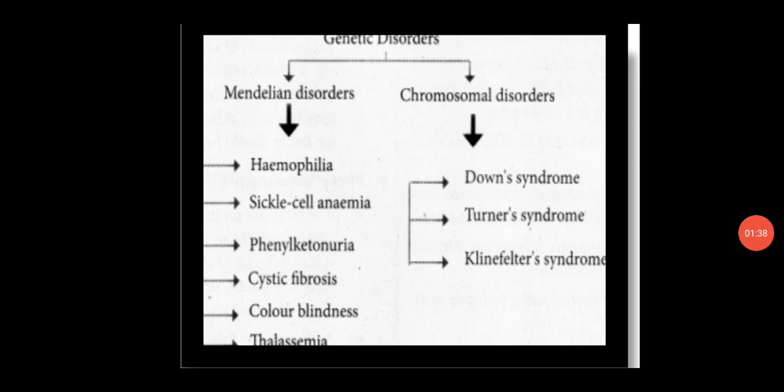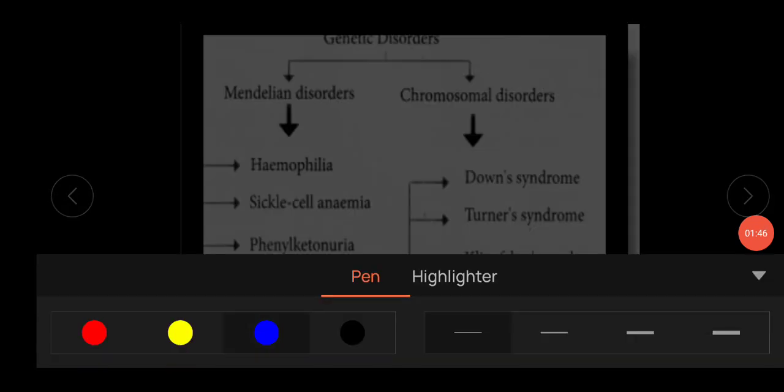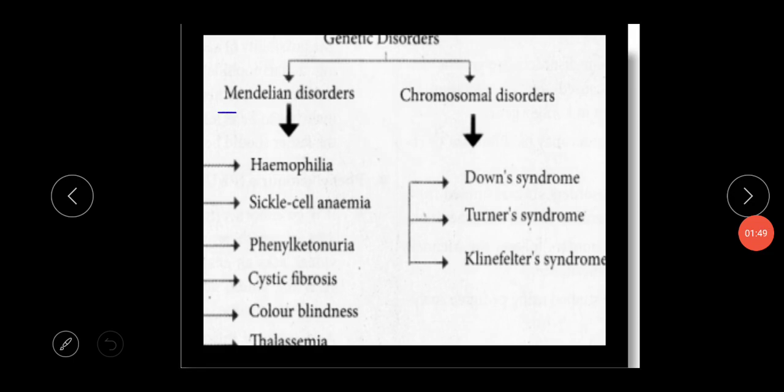This genetic disorder is divided into two types. I am highlighting this thing. The first one is the Mendelian disorder and the second one is the chromosomal disorder. There are lots of diseases included in the Mendelian disorder.